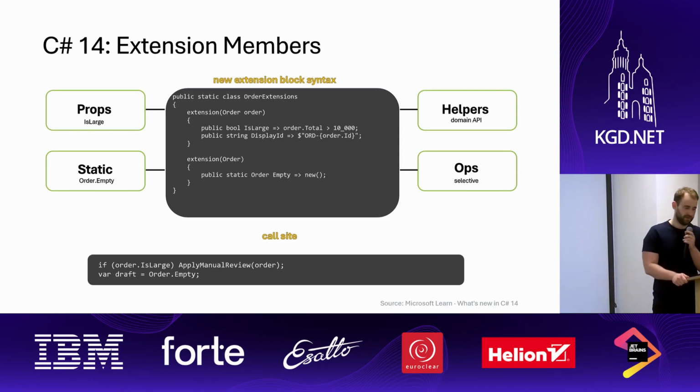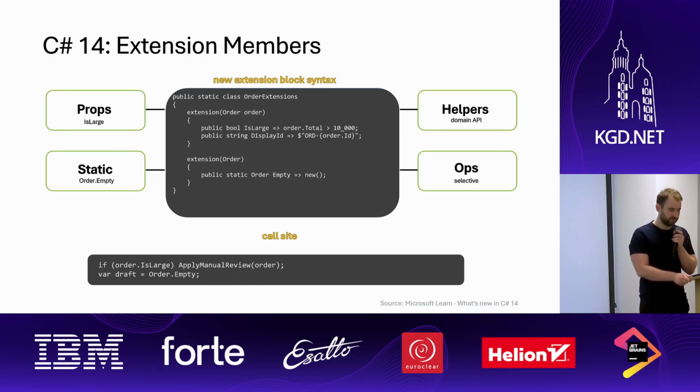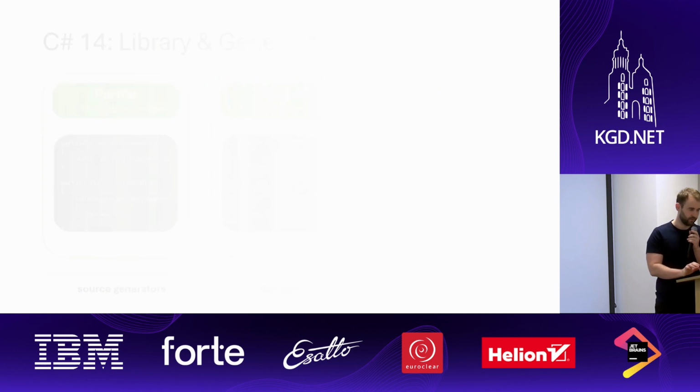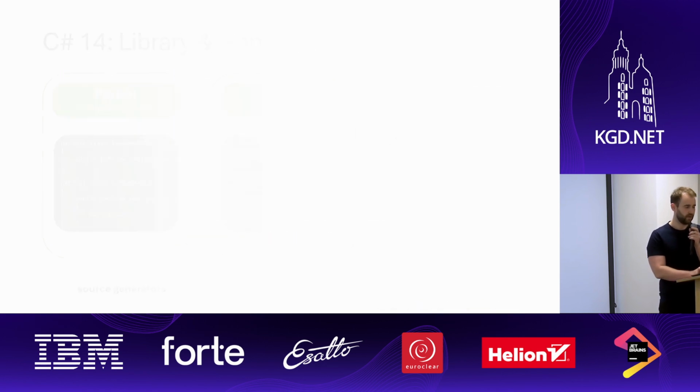It's like mildly saying it's interesting, yeah. But we have risks here. So the risk is hidden API design. Extension members can make a type appear to have a much larger public surface than it actually owns. So, going next. Yeah, let's go next.